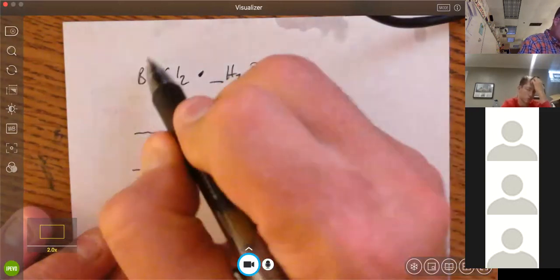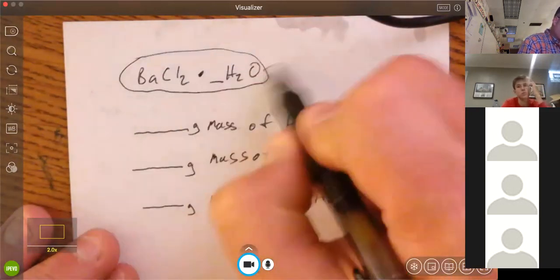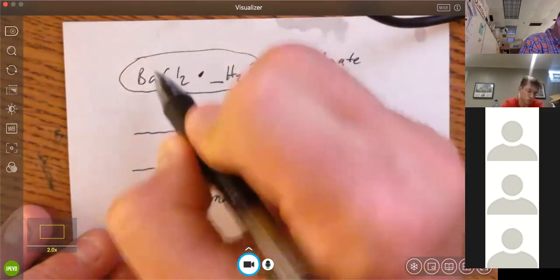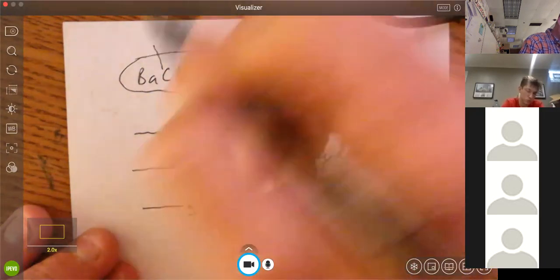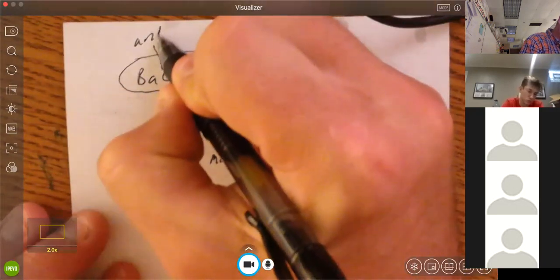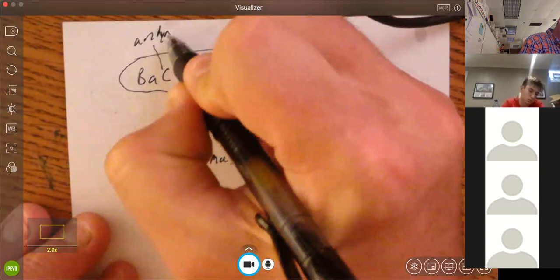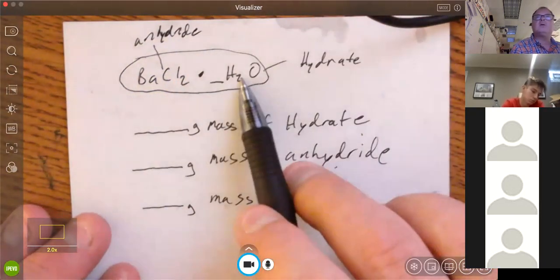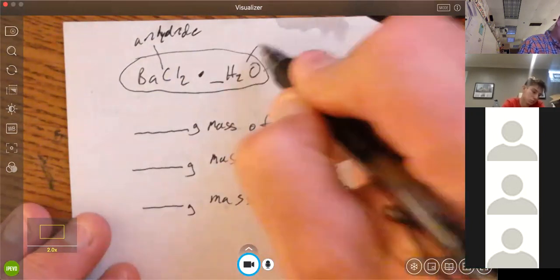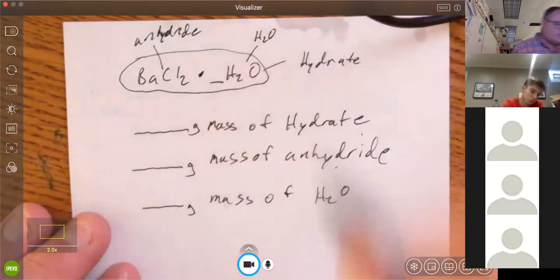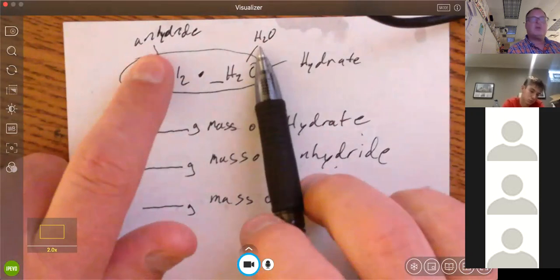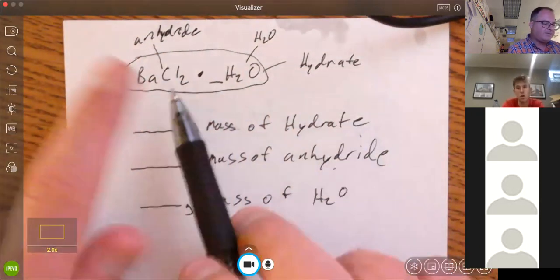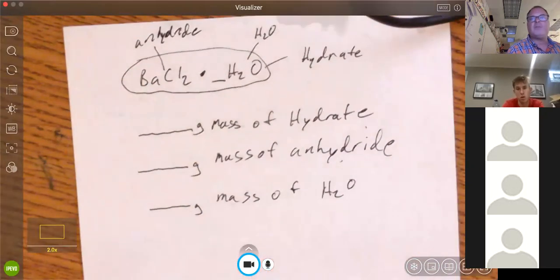This whole thing is the hydrate. This thing is the anhydride. And this is the water. So the anhydride plus the water yields the mass of the hydrate. If we have the mass of the hydrate and the mass of the anhydride, we subtract to find the mass of the water.